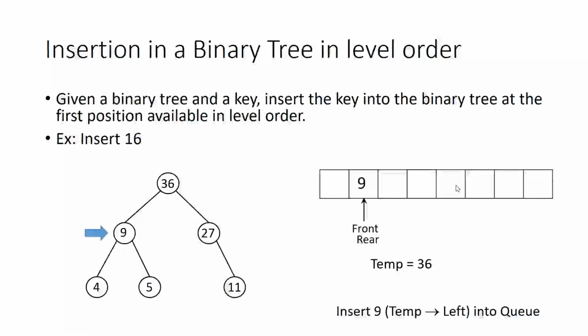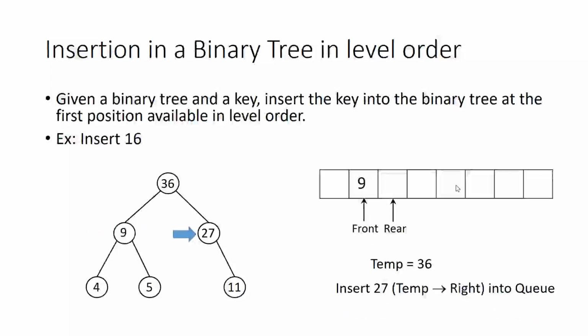That is nothing but 9 we are going to insert. Then we are going to insert right of temp, that is right of 36, also into the queue. When you are inserting, rear should be incremented. So rear will be incremented, and 27 will be inserted into the queue.